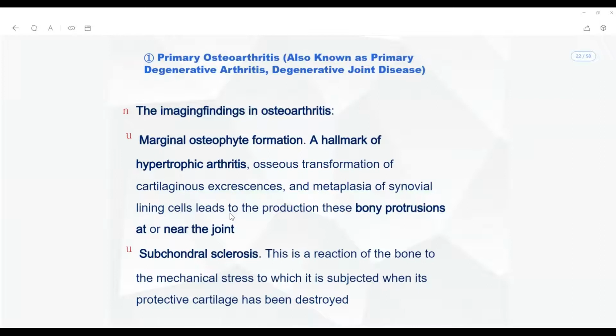So what actually happens is that they eventually go into metaplasia, and the synovial lining of the cells also produces the bony protrusions, and that is what forms the marginal osteophytes. So hypertrophic arthritis should be there, osseous transformation should be there, clear evidence of the wear and tear should be there, and bony protrusion should be present. Simply speaking, you can call all of those features together marginal osteophyte formation.